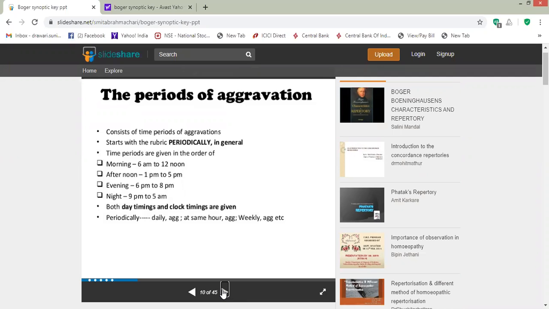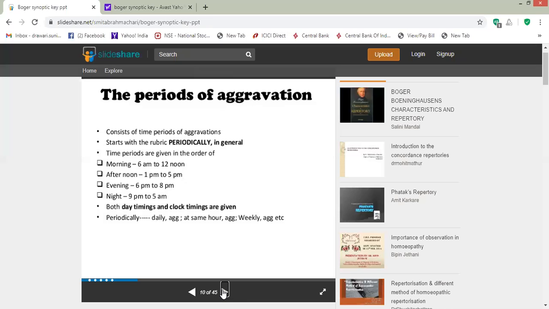First there is the rubric periodically, and after the general group of medicines, they separately mention the different times, from sunrise to sunset, as it was given in Kent repertory.